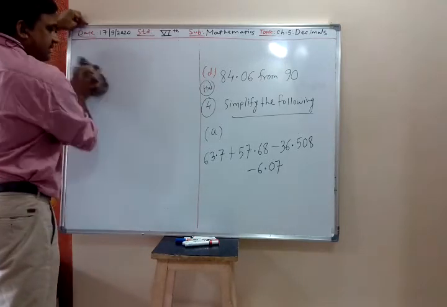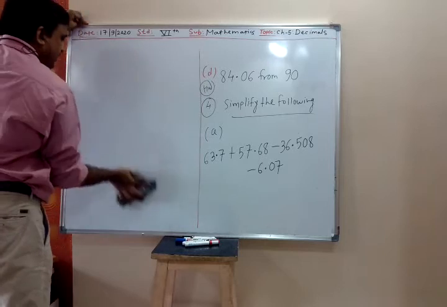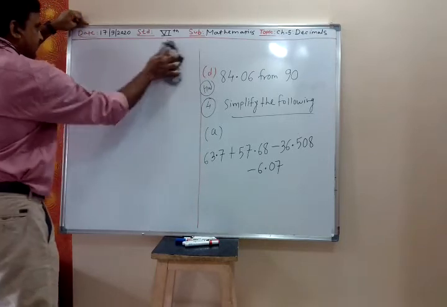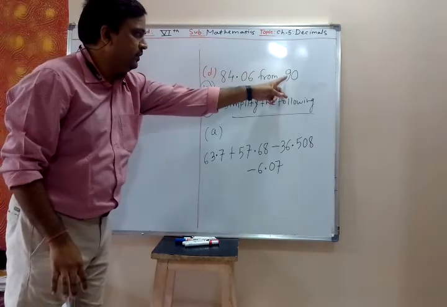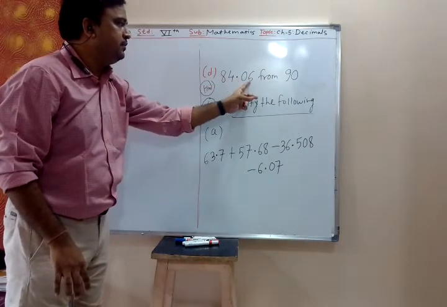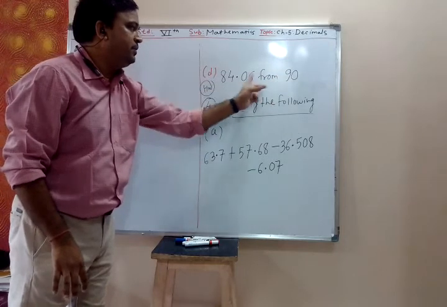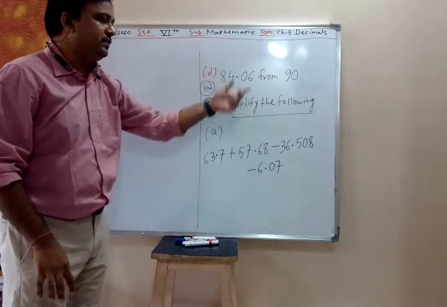Yes, write it. D1 will be 90, you will write 90.00 minus 84.06, you subtract.